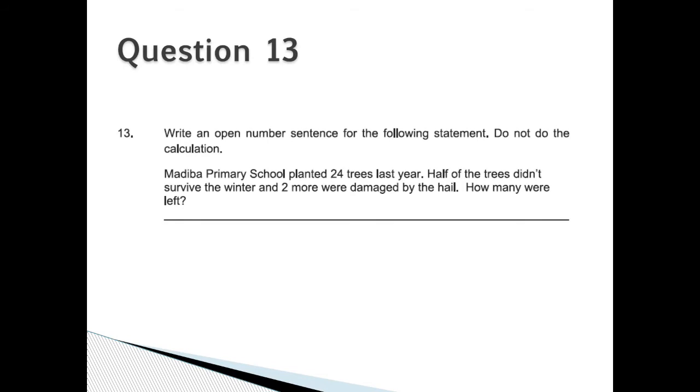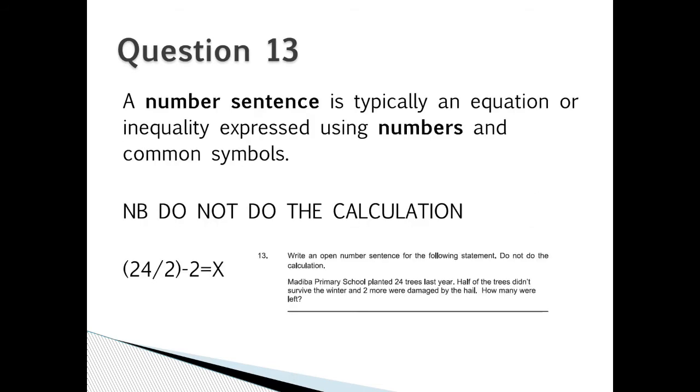Question 13. Write an open number sentence for the following statement. Do not do the calculation. Madiba Primary School planted 24 trees last year. Half of the trees didn't survive the winter and 2 more were damaged by the hail. How many were left? The number sentence is typically an equation or inequality expressed using numbers and common symbols.